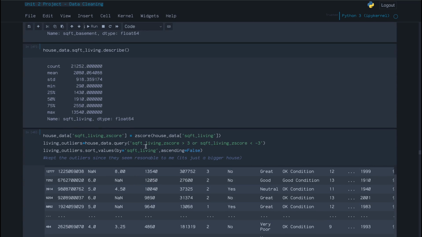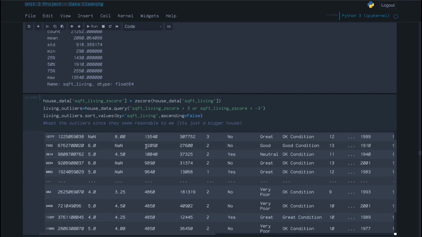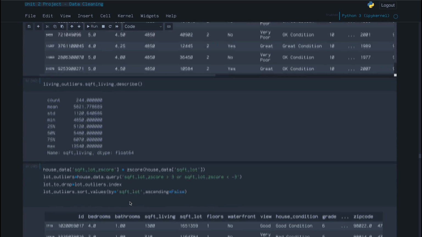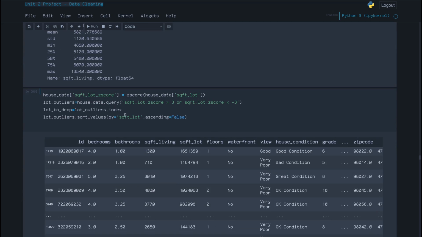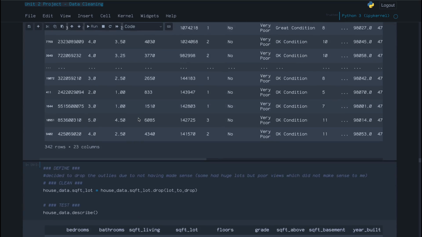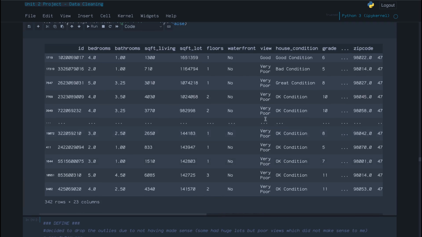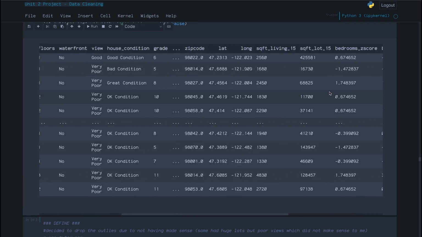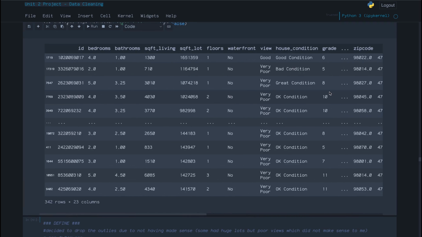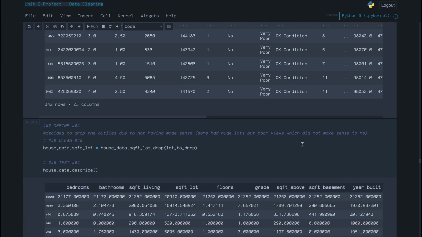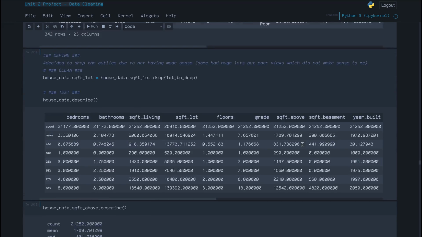And for the living room, I kept the outliers as well, just seemed reasonable. And for the lot, I had to drop them because some plots were huge, and I expected the larger plots to have a very good view, but many of them only had poor views, so I just dropped them.